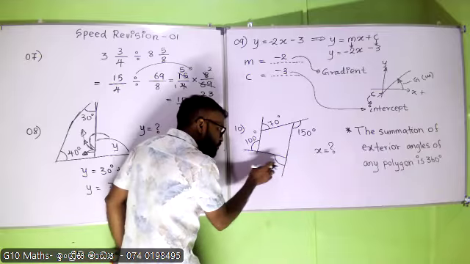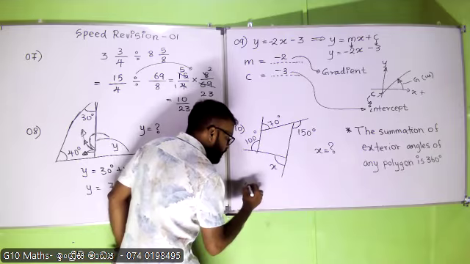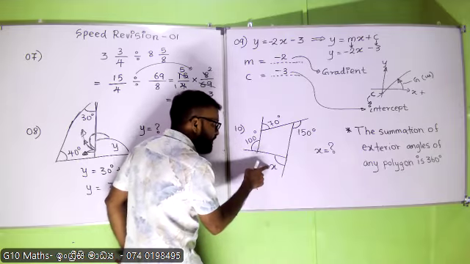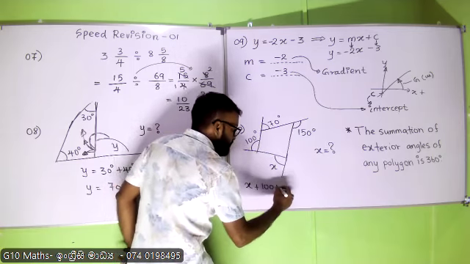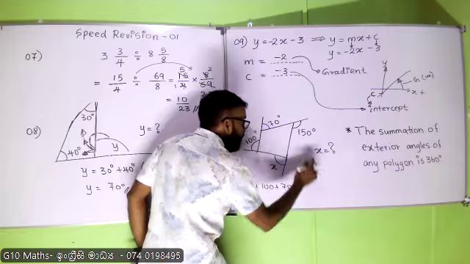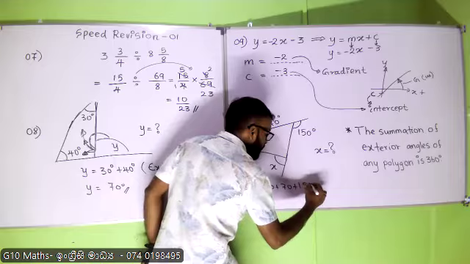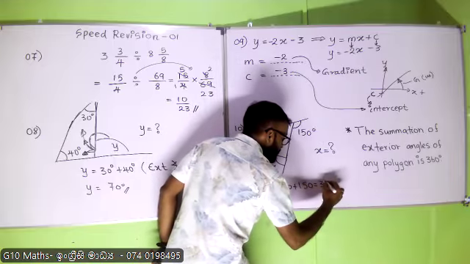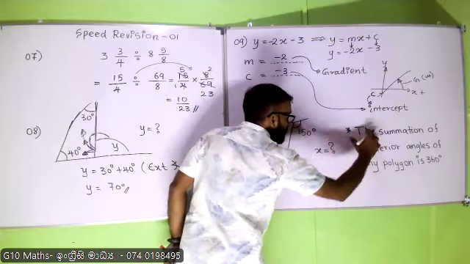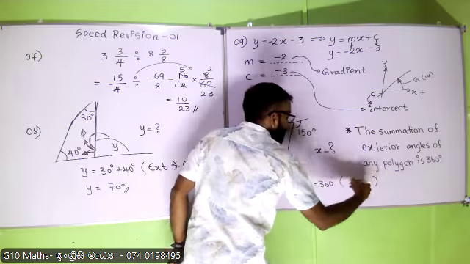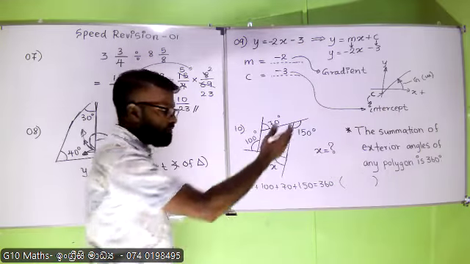So x is to be found. I will begin from here. x plus 100 plus 70 plus 150 equals 360. The reason is exterior angles of a polygon.